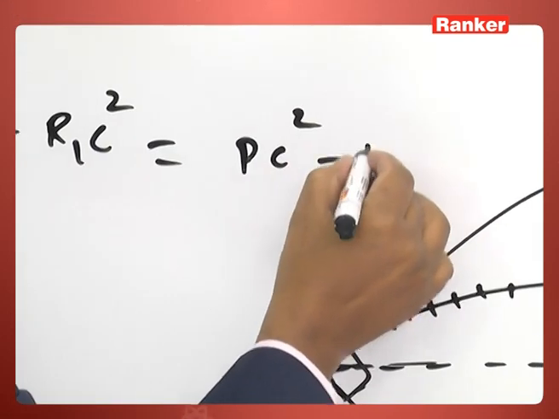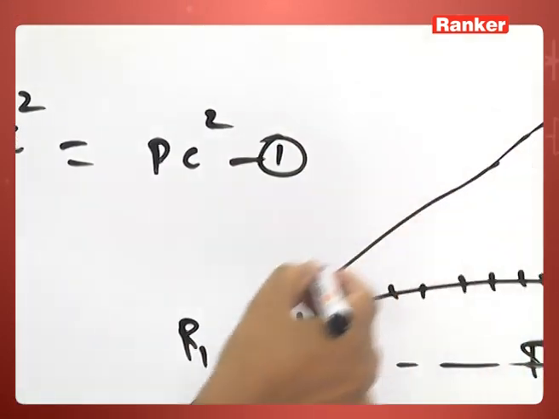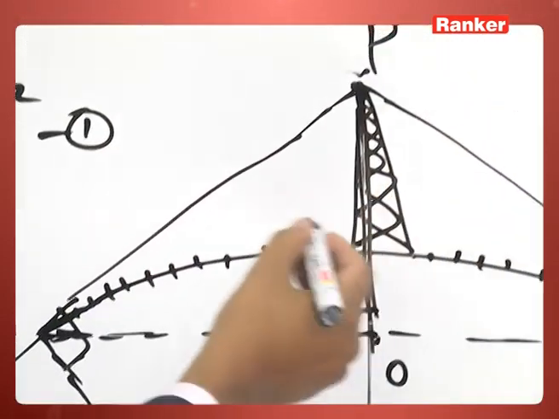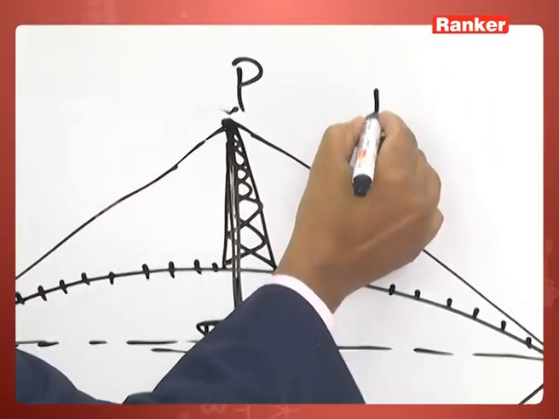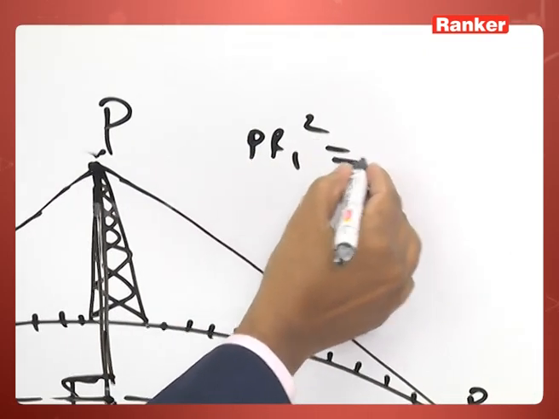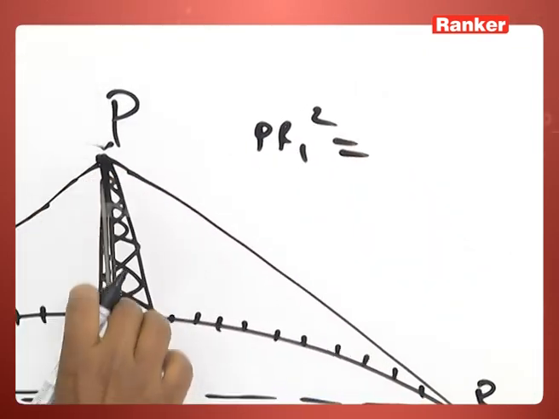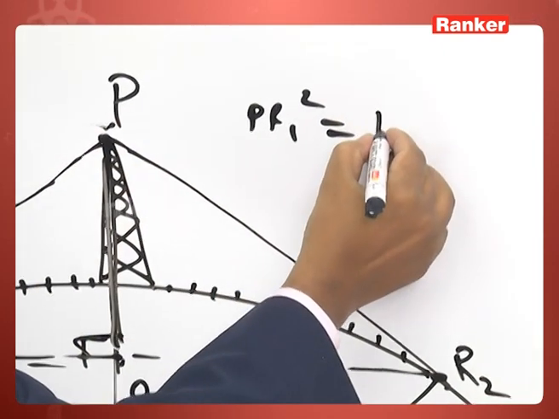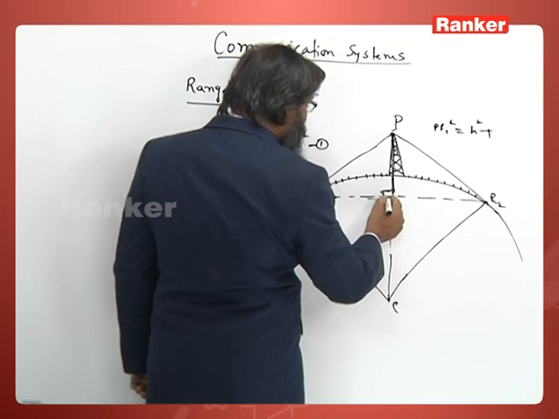This is equation number 1. We can separately find P R1 square by using this triangle. P R1 square is equal to h square plus this distance, where this distance is negligibly small.